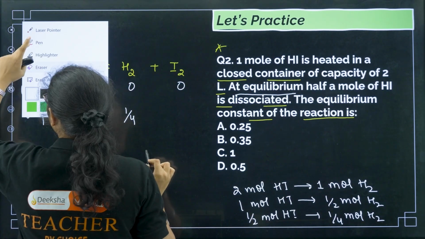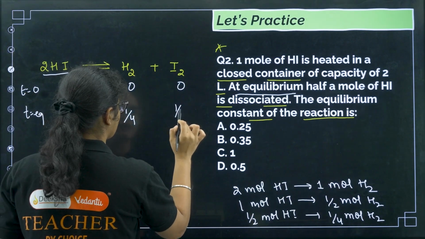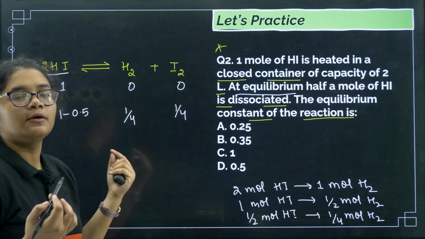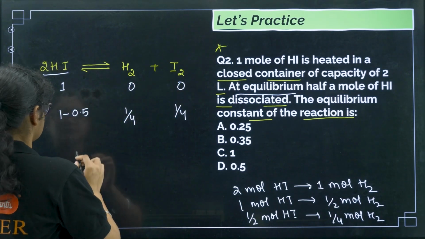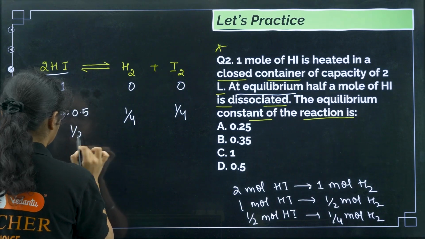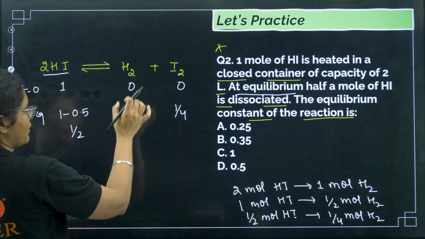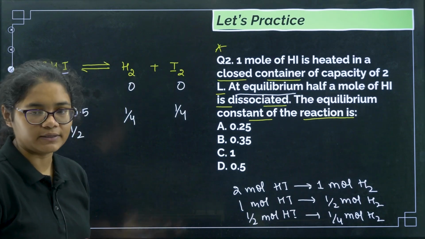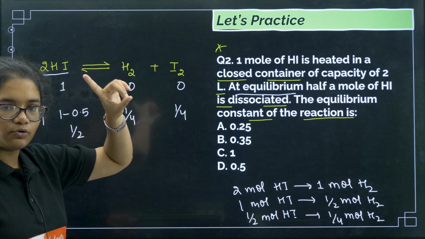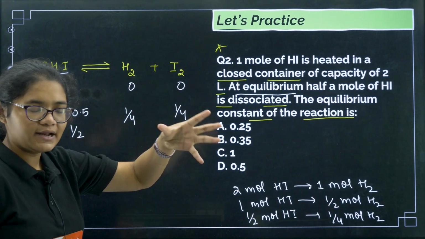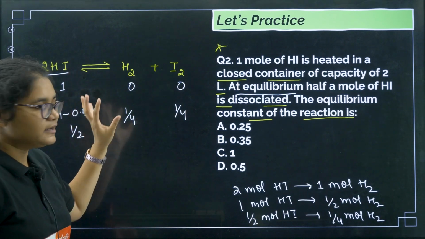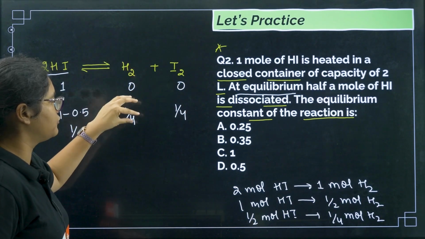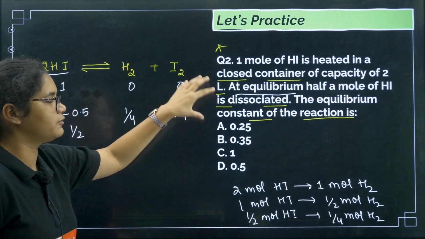So we will get 1/4 mole of H2 and 1/4 mole of I2. And what will be left here? Half mole of HI is left, 1/4 mole of H2 is there, 1/4 mole of I2 is there at equilibrium. Initially we had 1 mole of HI, half mole dissociated, so half mole of HI is left. From the half mole that dissociated, 1/4 formed H2 and 1/4 formed I2.